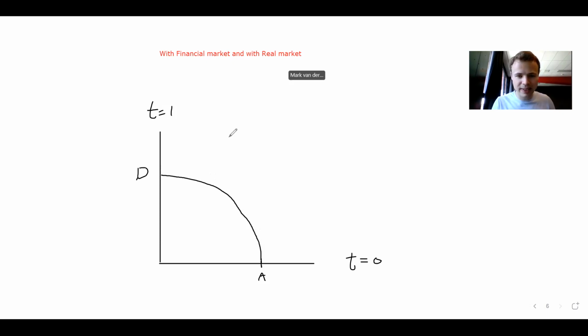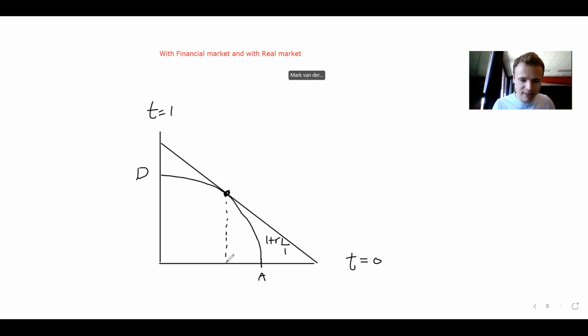So we can draw a line like this. And this line will have the slope 1 plus R. So from this point here, you can better put your additional euro in the bank than invest it in the market, because the interest rate on the bank will be higher than the return on that additional euro.